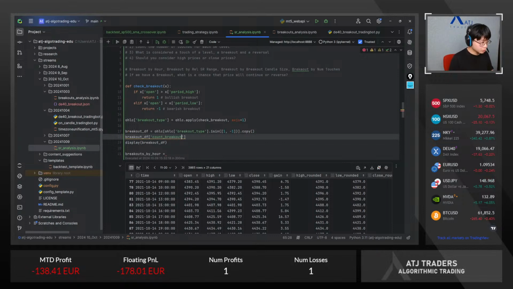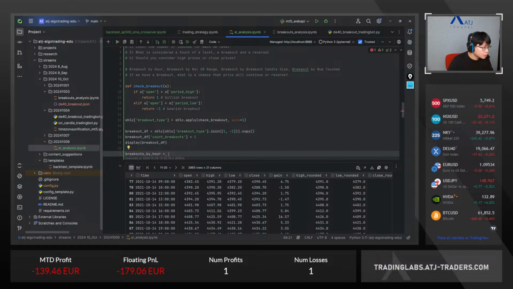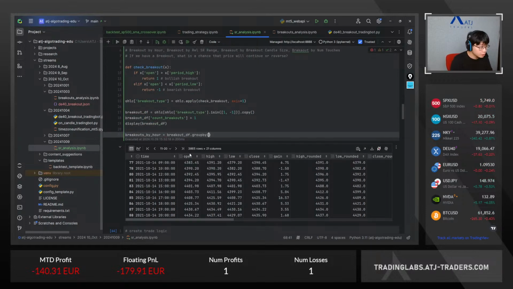So count breakout is equal to 1. And here we use breakout df dot group by, and here we look at the hour, as index equals false.